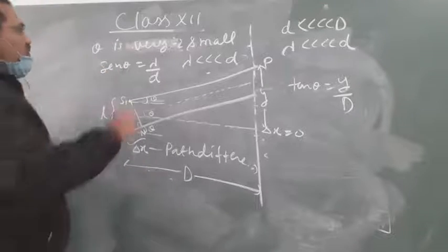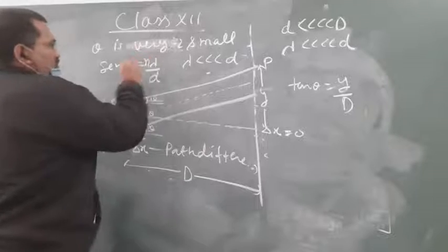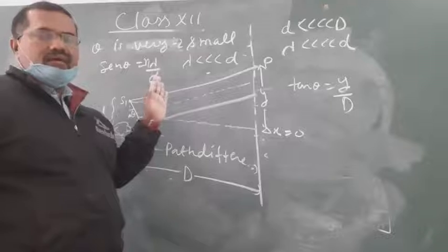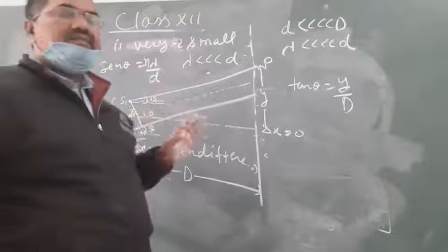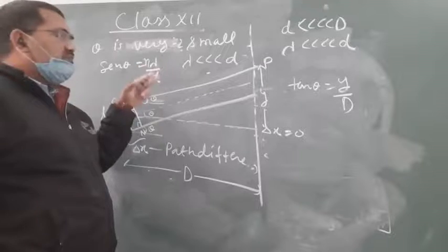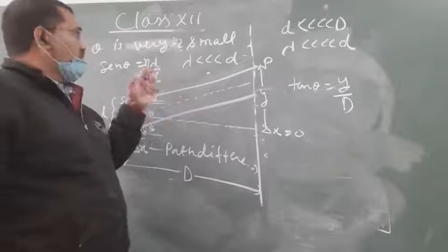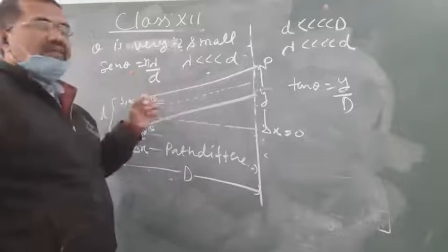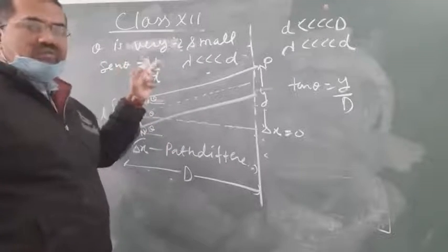Here we use the general formula n lambda, because this is the position of first maxima, that is lambda, but path difference is n lambda, then this is the general equation. If we want to get second maxima, n equal to 2, third maxima, n equal to 3, fourth maxima, n equal to 4, and so on.